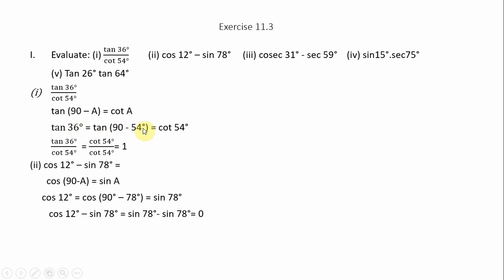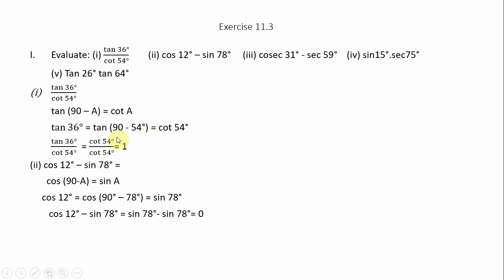Do you understand it? I have written 54 degrees. How did I write 54? As they are complementary angles, from 90 what should be subtracted to become 36? 54 should be subtracted. So tan 90 minus 54 degrees.